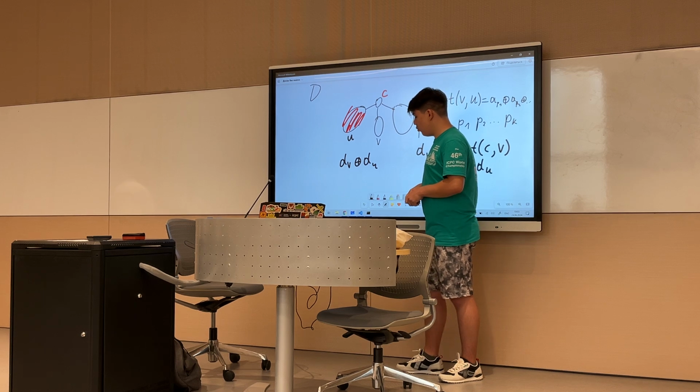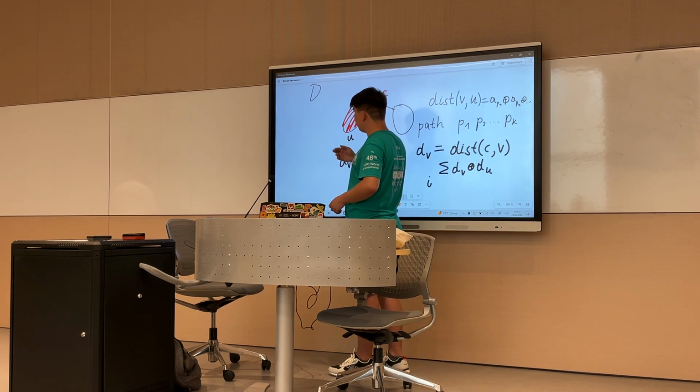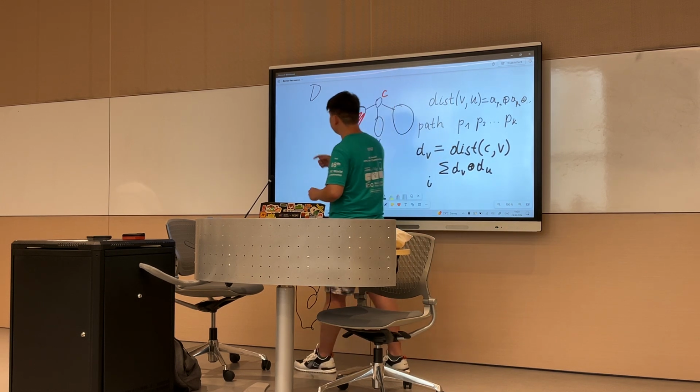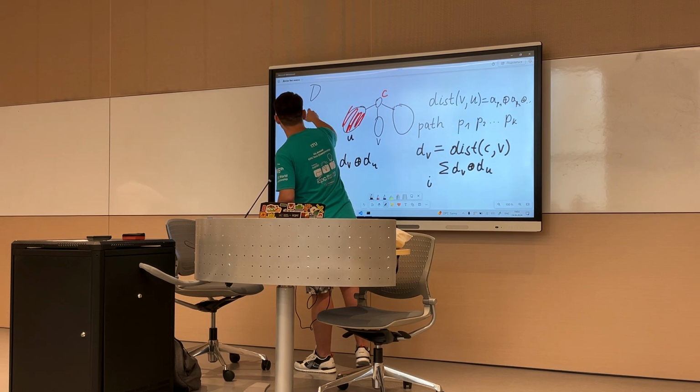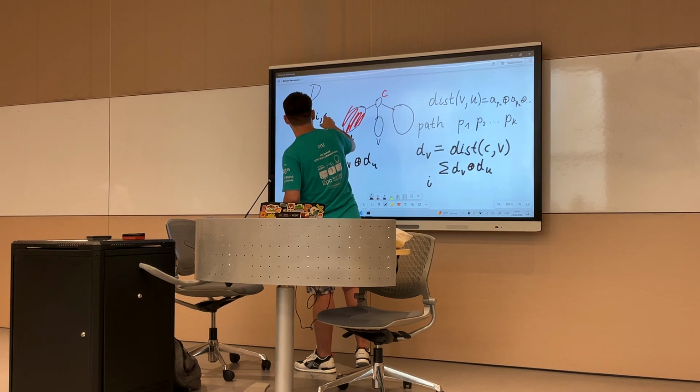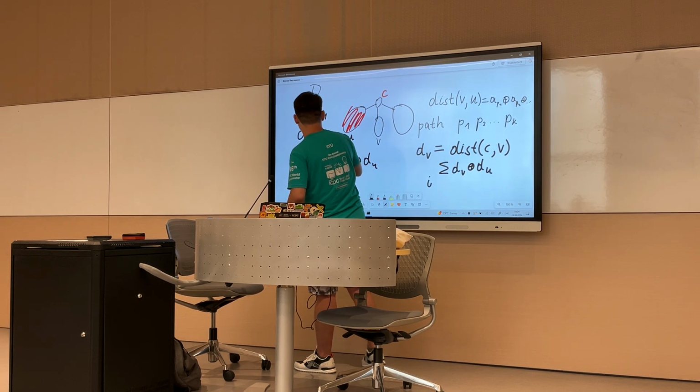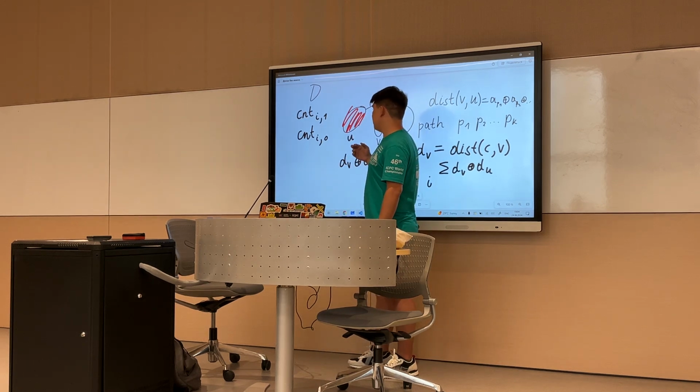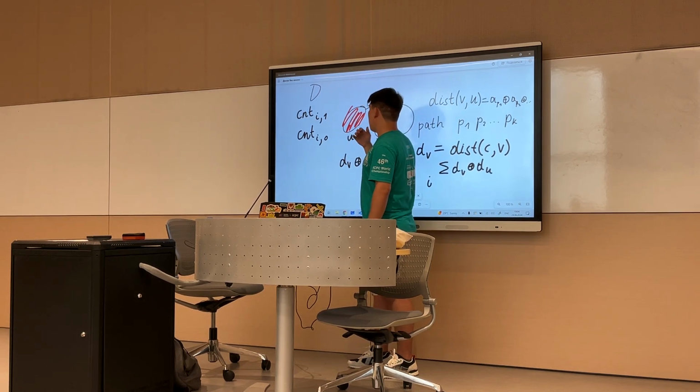That means our data structure will be some array cnt, cnt[i][1] and cnt[i][0]. What is that? cnt[i][1] means how many vertices in the first subtree have i's bit equal to 1.